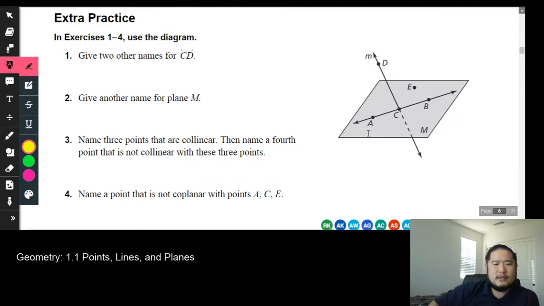All right, let's go through our exercises. It says give 2 other names for line CD. Remember, I know that this is line CD because up above CD there are the arrowheads. I'll give you a few moments to figure out what those would be.